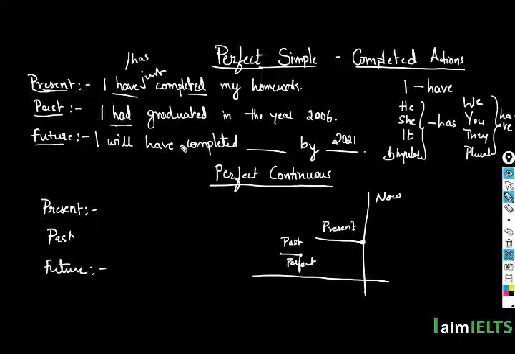I will have completed my project by 2021. I will have graduated by 2021. So here we are trying to express what we would have already completed by so and so year.